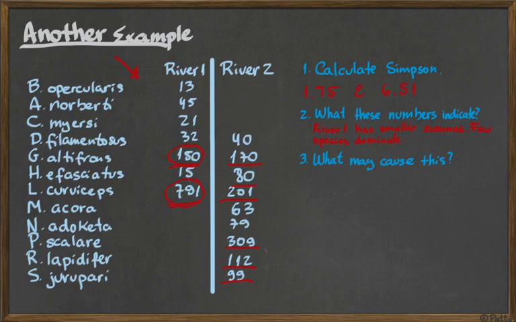Maybe river number 1 has a high level of chemicals that are lowering the oxygen in the water. So there is something there that is making river number 1 have a different evenness, different diversity than river 2. So river number 2, more biodiverse, is probably a more stable, more preserved river.